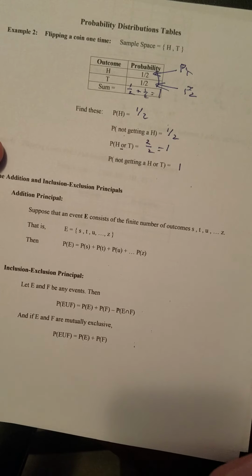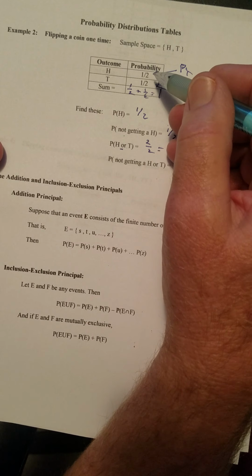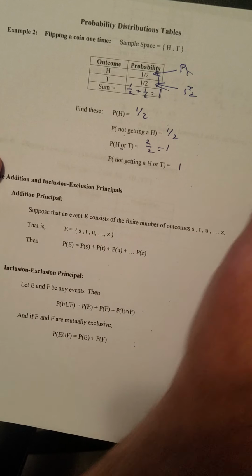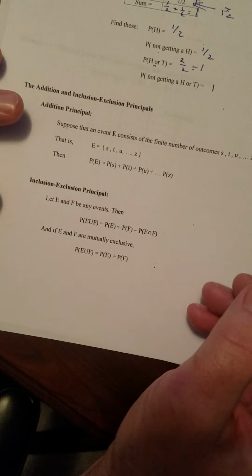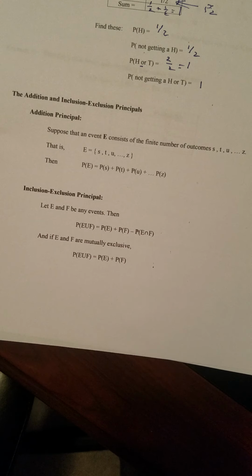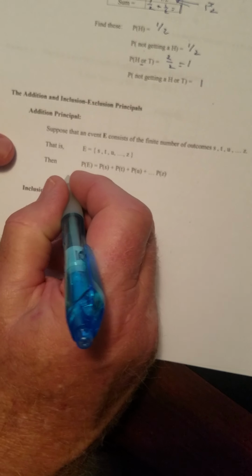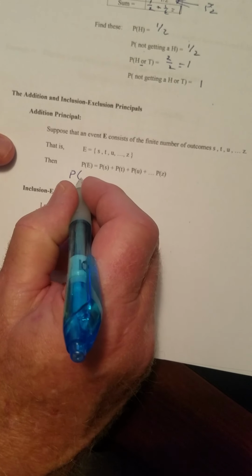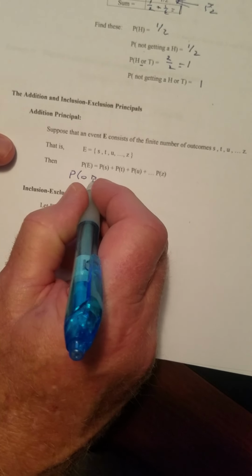And I just did that on this example. I left this one on here. The probability of getting one of those, I simply added. When I was rolling the die and I said, what's the probability of it being, let's say, odd?